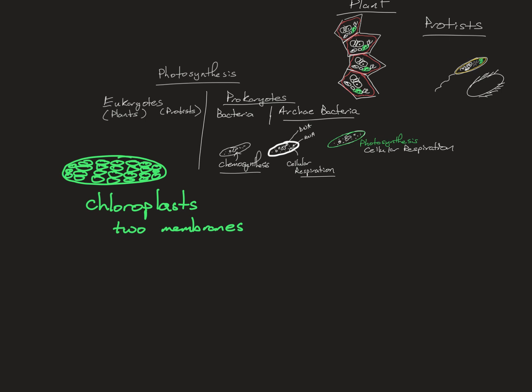A single stack, they're like pancakes. Think of them like a stack of pancakes. You've all eaten pancakes or seen them, correct? Stack of pancakes, one on top of the other. Each pancake is called a thylakoid.